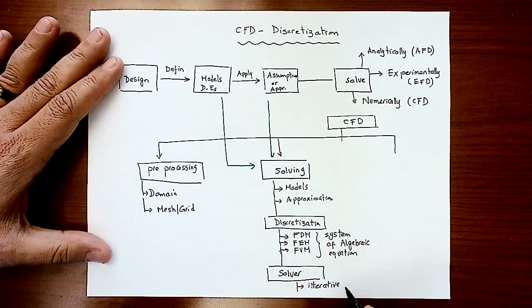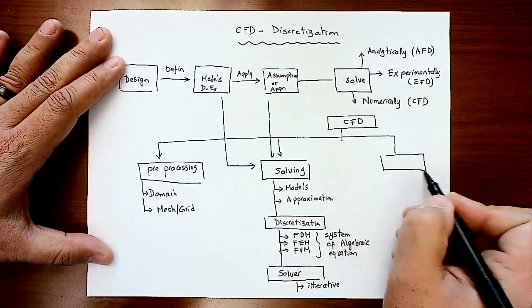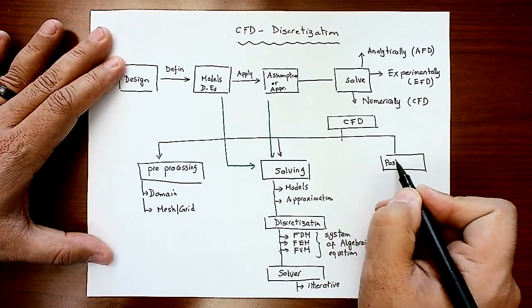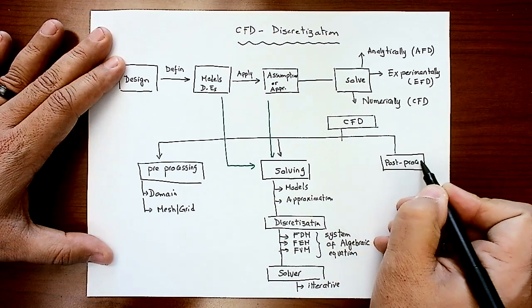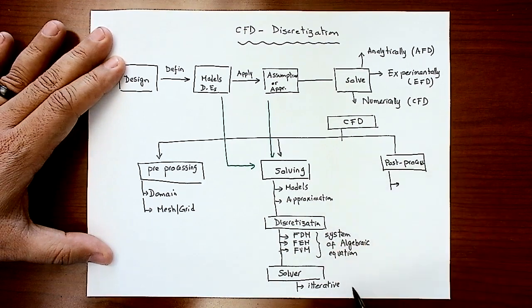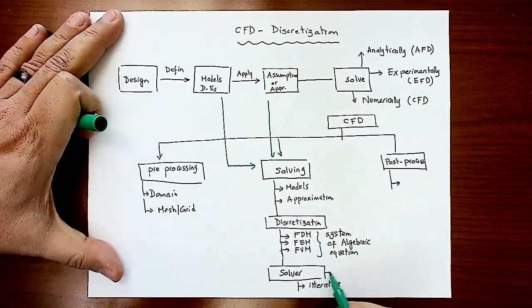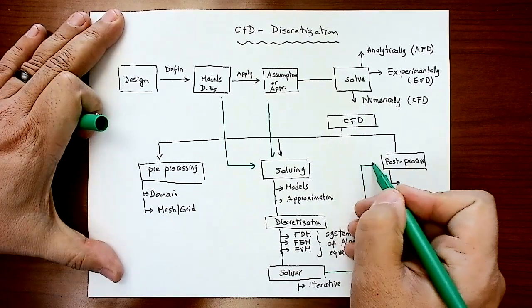Then after you get your results, right, you have to go for the third major step, which is post-processing, which means that you extract your data. This will feed into here.